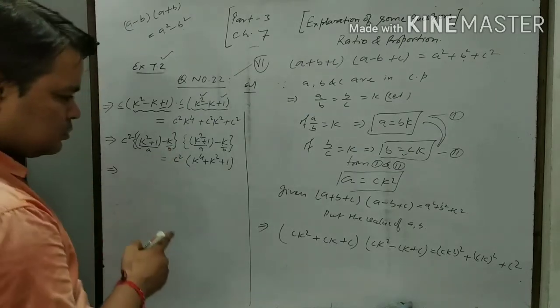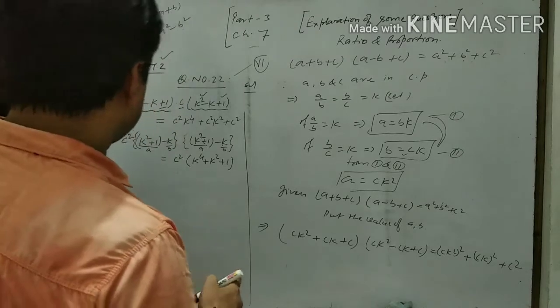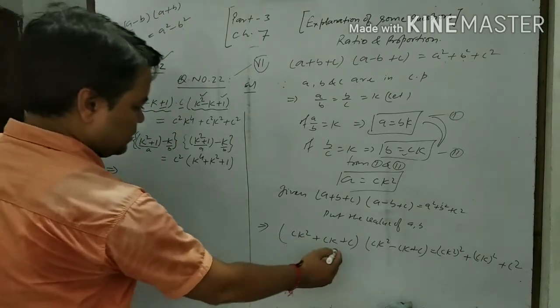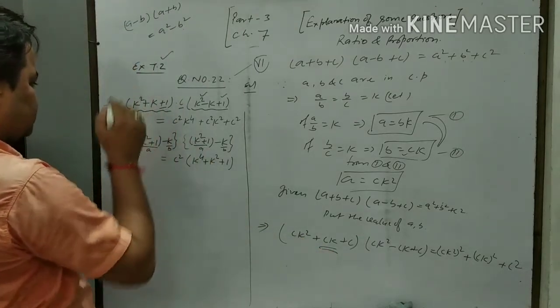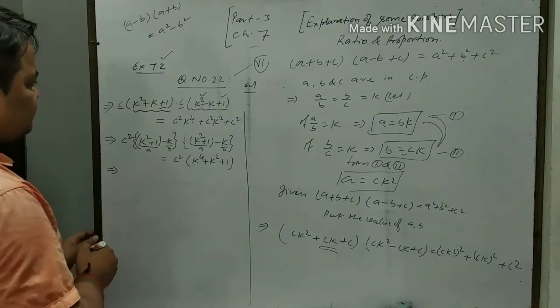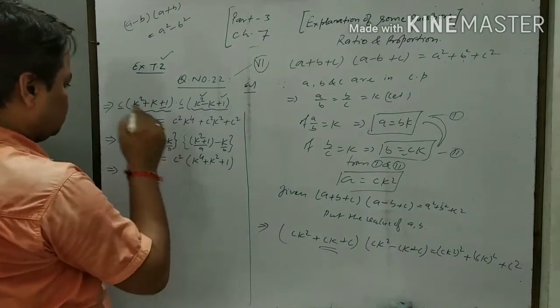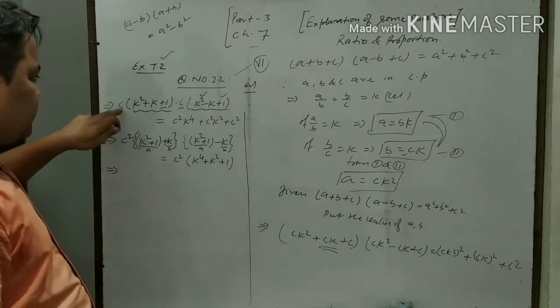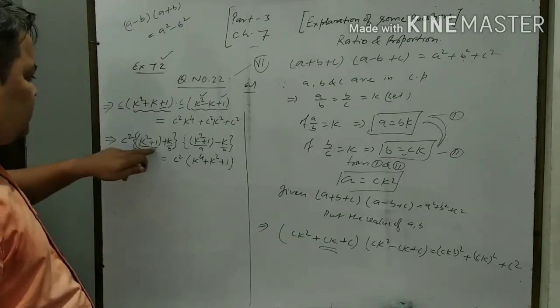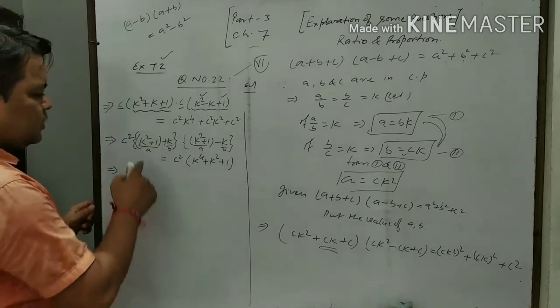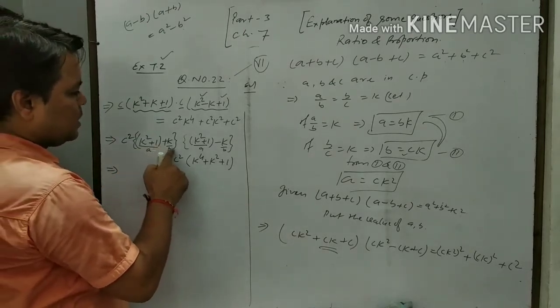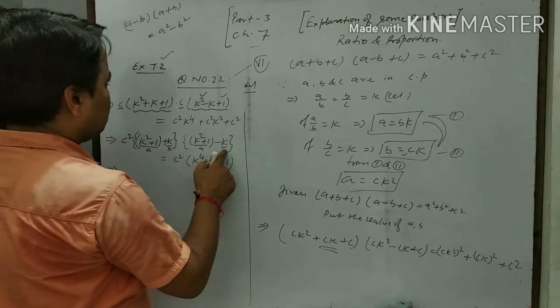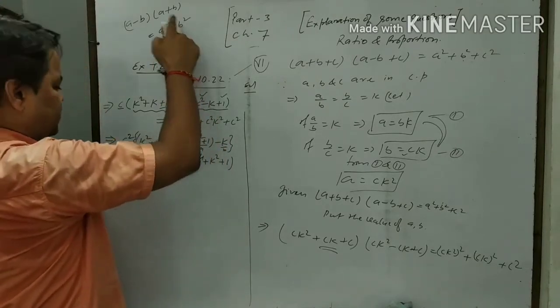There should be one mistake, I think. Plus K here, plus K here. Since it is plus CK, if you take C common, there should be plus K. Therefore here should be plus. So here a plus b and a minus b, then it will be a square minus b square.